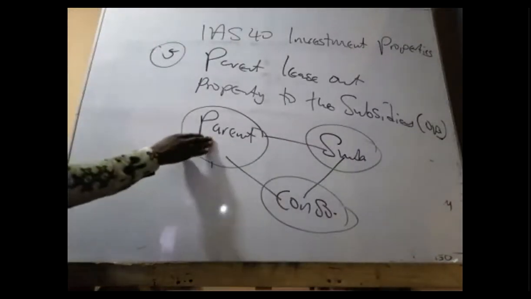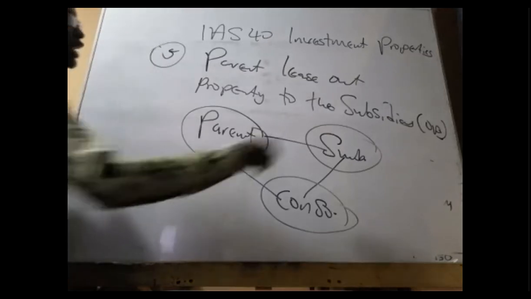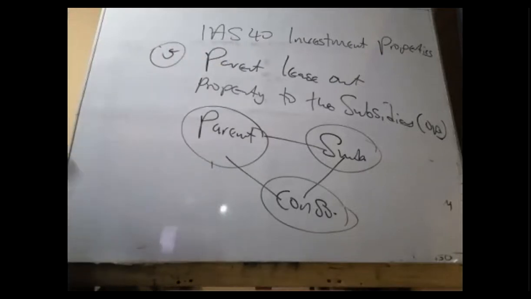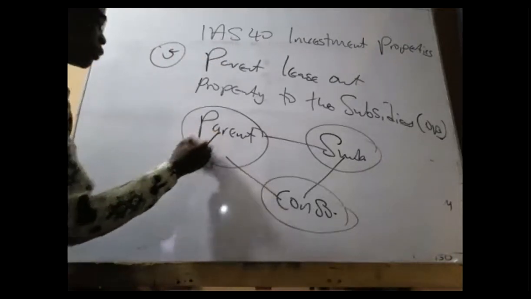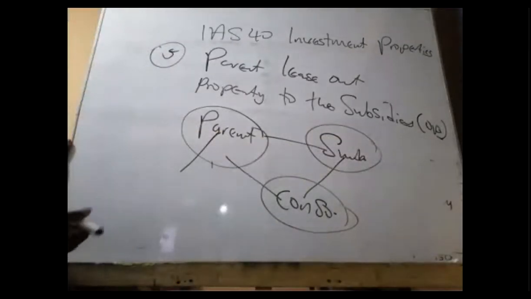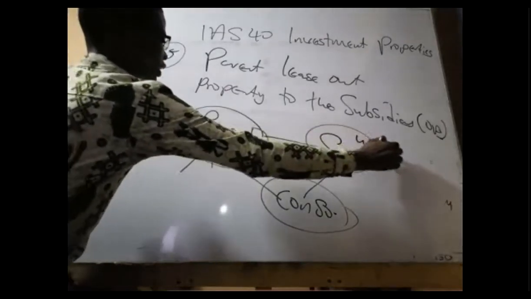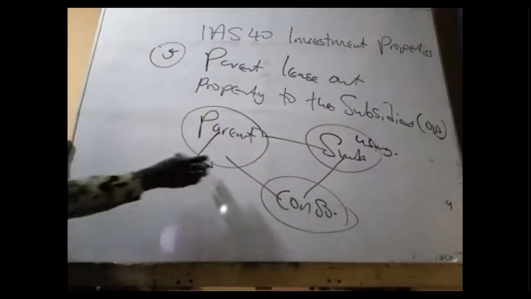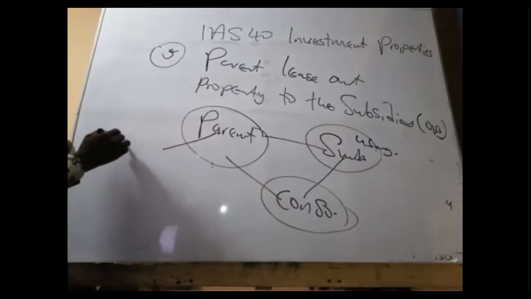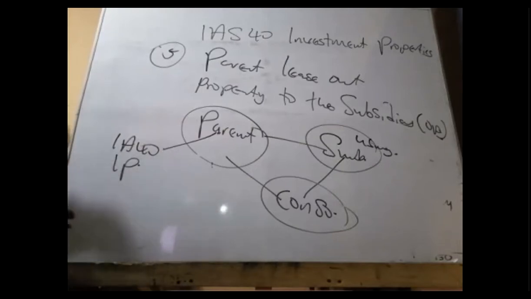The parent has rented some piece of land or building to their subsidiary, taking some rental fee. The subsidiary is using this office and it generates earnings. So in the parent's books, the parent shall account for it as IAS 40 investment property, yes, it qualifies.